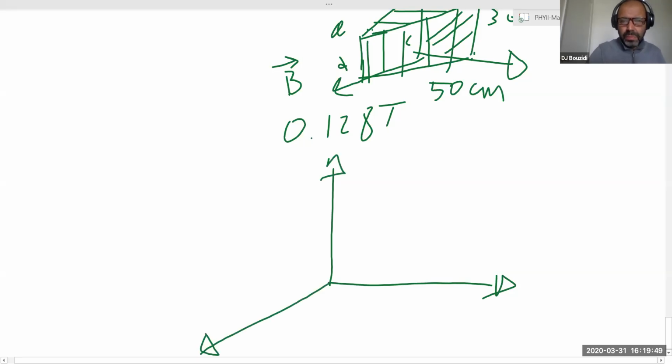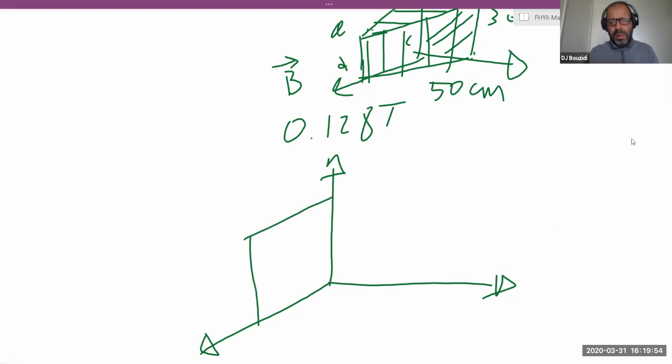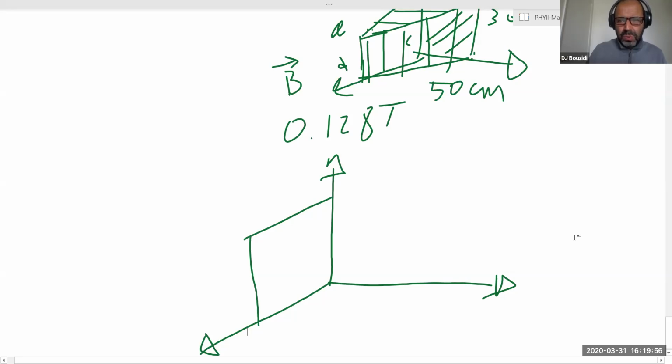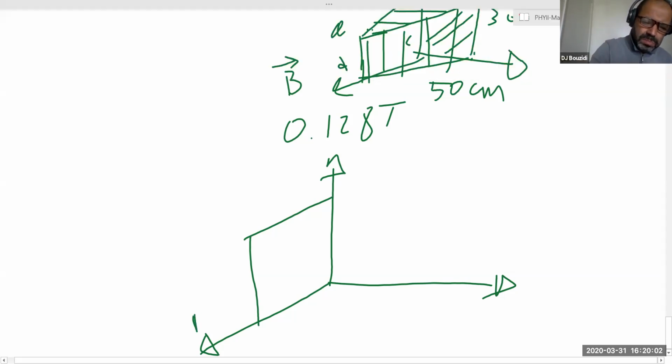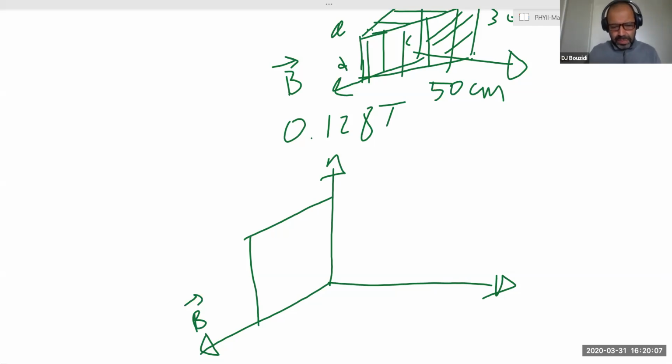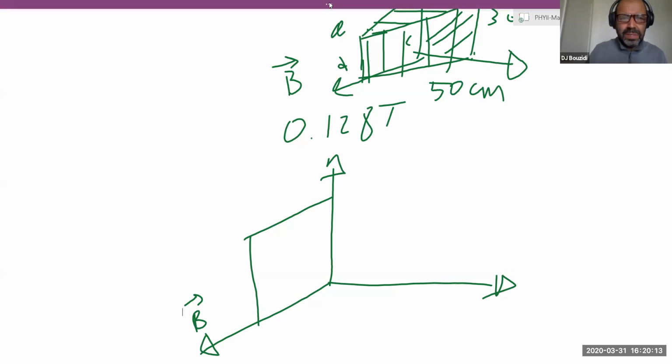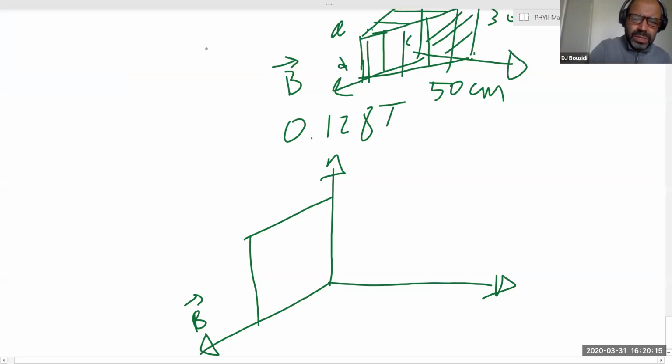This is one surface, and this surface is in between these two axes, where this is the direction of B. The main thing here is the direction of B. This is B, and this is one surface. I think its length is 40 centimeters and its height is 30 centimeters. So this is 40 and this is 30.